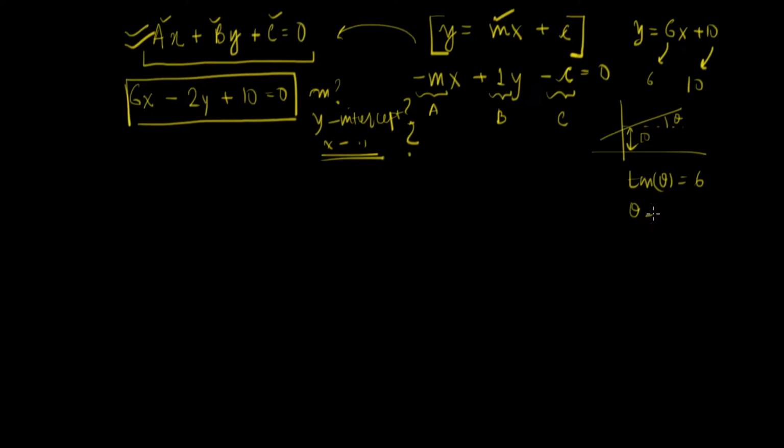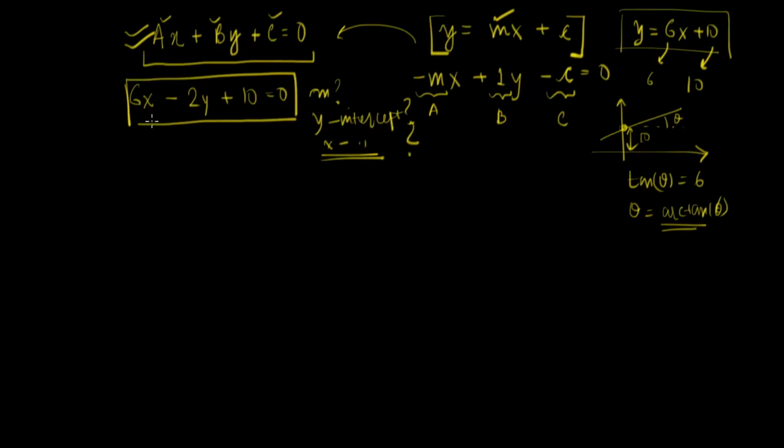So you can find theta as arctan of 6, something like that. Basically, you get an angle and you get where the line cuts the y-axis. So you can define a line very easily, and you can graph it quite easily if you have the line originally present in this form.